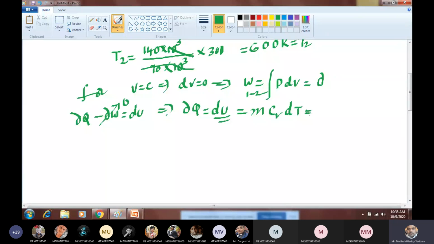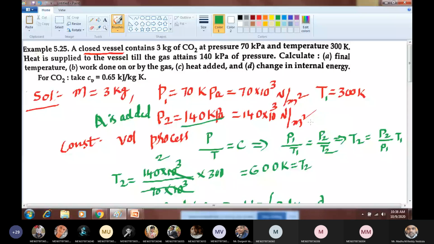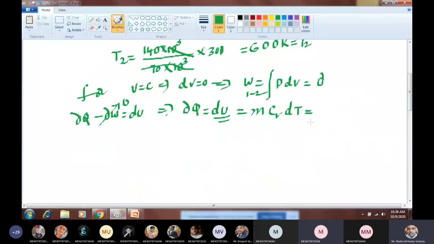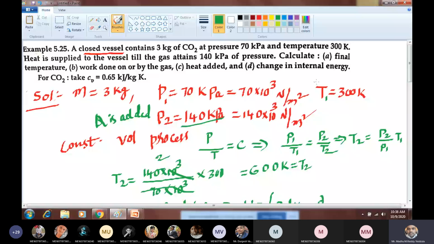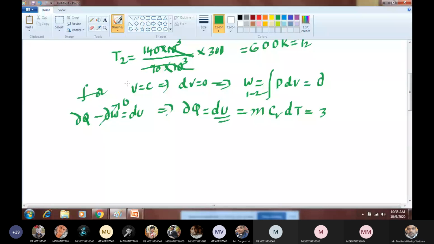Mass is given as 3 kg. And the CV value is given as 0.65 kilojoules per kg Kelvin. Let us convert it into joules per kg Kelvin, into the temperature difference T2 minus T1, 600 minus 300, which is equal to 300.